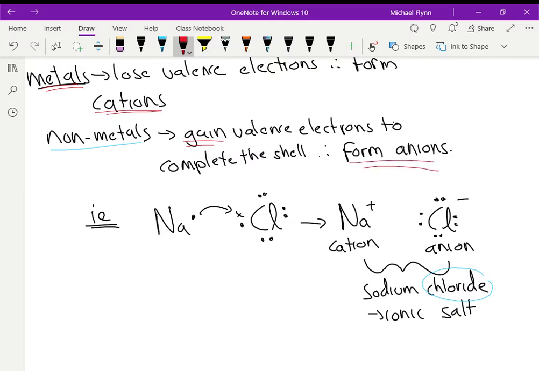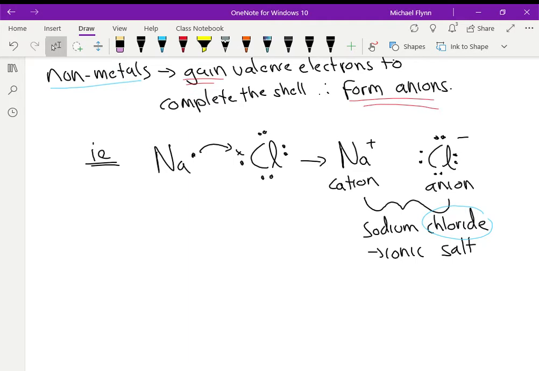Now, a match made in heaven is this example of combining sodium and chlorine. Sodium has one valence electron. I'll color it blue. It's going to donate that valence electron to chlorine.